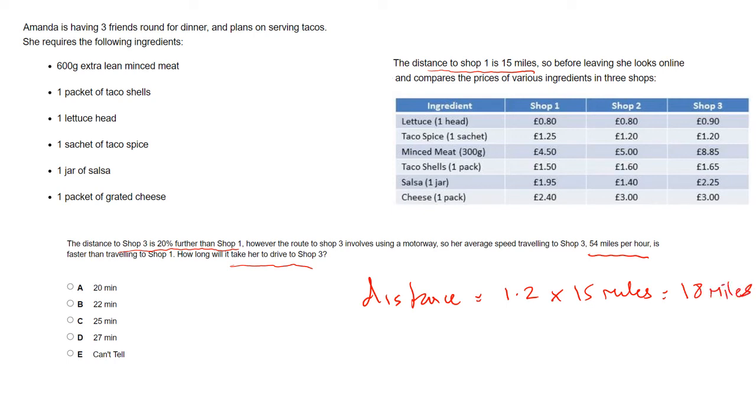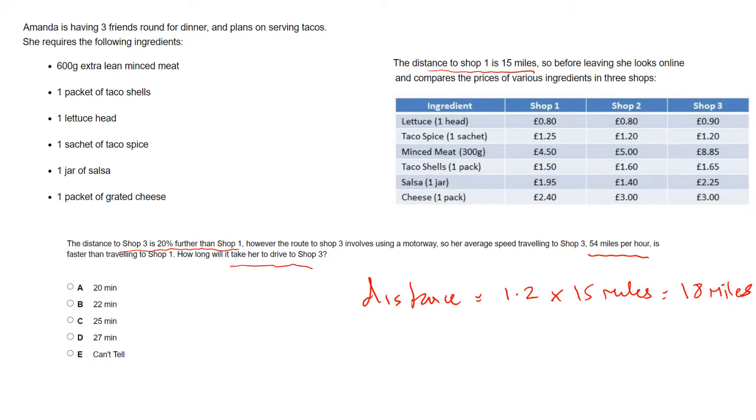Okay, either do that in your head or on your calculator, but that's 100% of 15 miles plus the extra 20% is 120%, so 1.2 times 15 miles. That's the distance. Speed is 54 miles per hour.